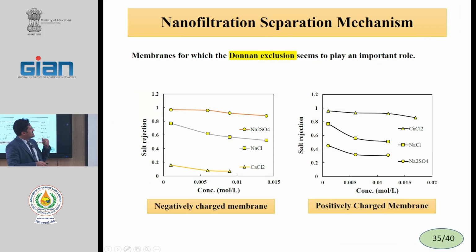Another separation mechanism, as I discussed before, is Donnan exclusion. In Donnan exclusion, the charge of the membrane is important. When we have a negative charge on the membrane surface, you see that sulfate ions with a 2- charge are more rejected. After that, sodium chloride, and after that, calcium chloride.